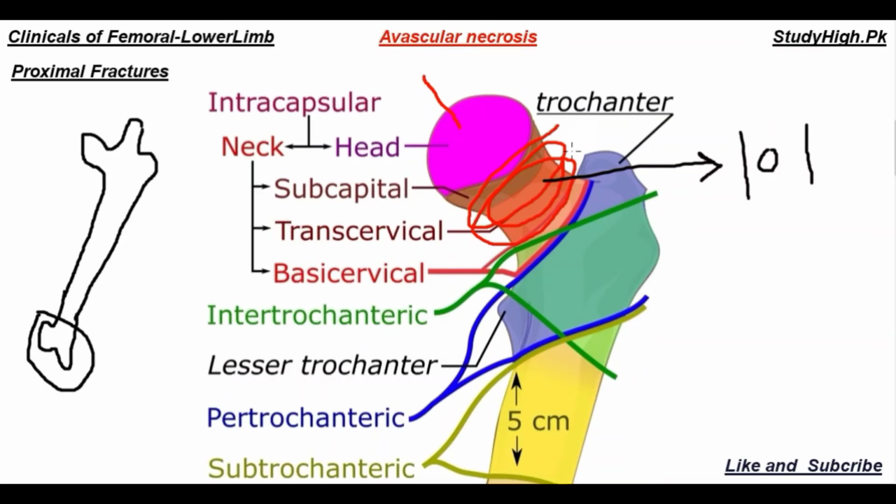So due to necrosis of the bone cells, this area becomes dead. This bone becomes a dead bone. So avascular necrosis also occurs as a result of fracture of the neck or head sometimes.